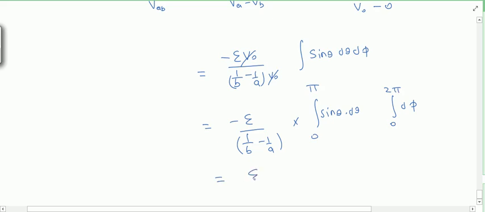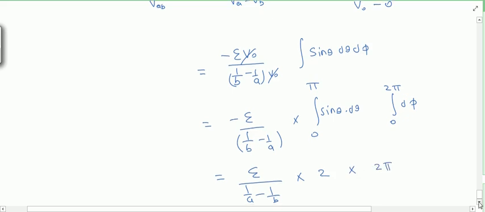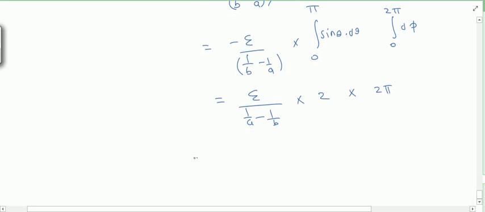After solving this, minus sign can be taken in the bracket, so it can be written as minus 1 by A minus 1 by B, and here sine theta after solving gives minus cos theta, and it will be 2, and after solving this integration it will be 2 pi. So the value of C_AB which is coming is 4 pi epsilon 1 by A minus 1 by B.